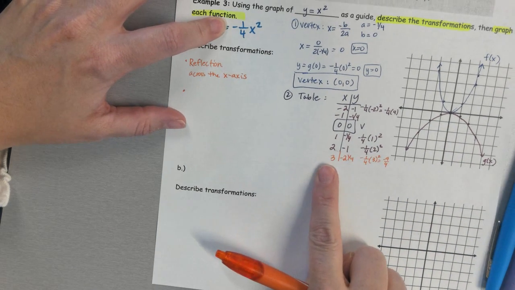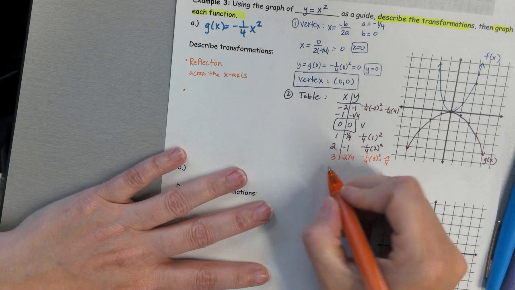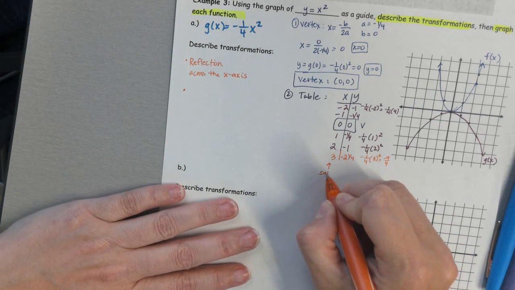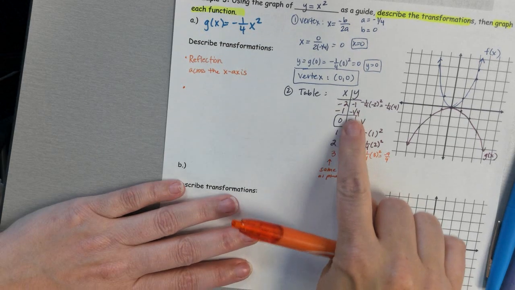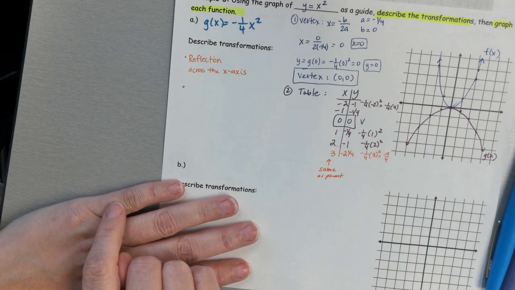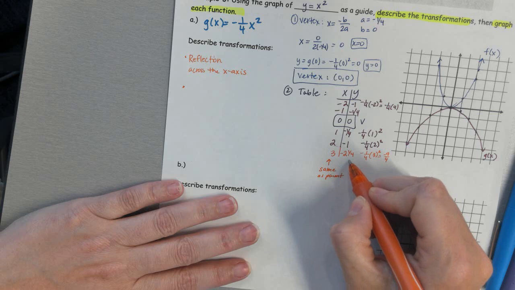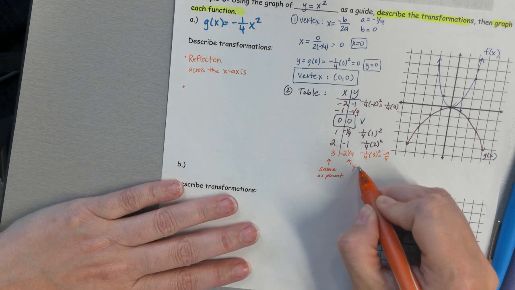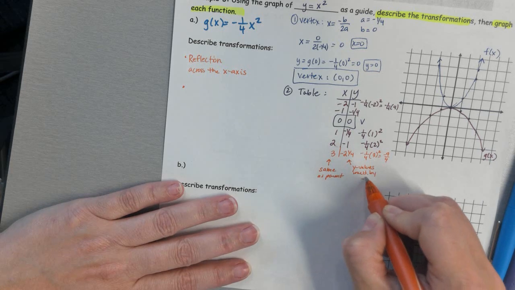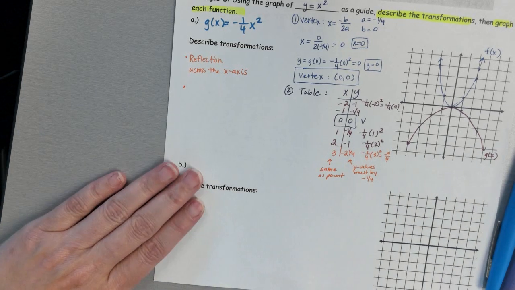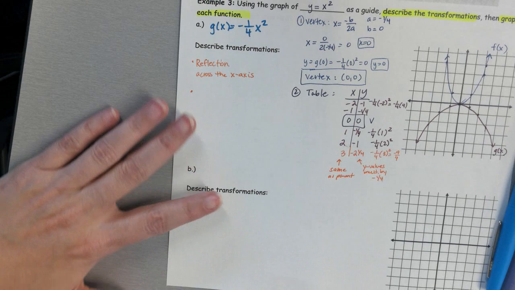If I look at the parent function, all of these stay the same as my parent, but all of my other y values were multiplied by negative 1/4.